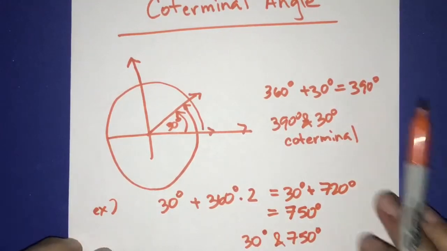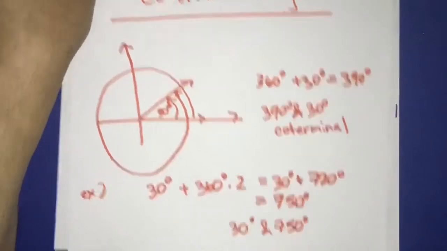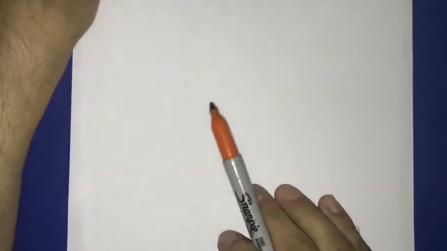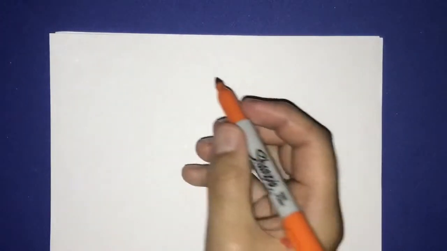Okay, so we get the result in general that the measure of an arbitrary angle plus 360 degrees times any integer multiple is going to equal a coterminal angle of the arbitrary angle. So let's go ahead and put this in writing.